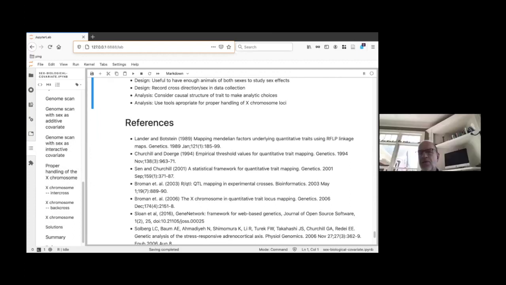There's one from Carl: maybe comment on the analysis of sex in the X chromosome in recombinant inbred lines. Carl, you can feel free to comment on that yourself. Let me make sure you can unmute.